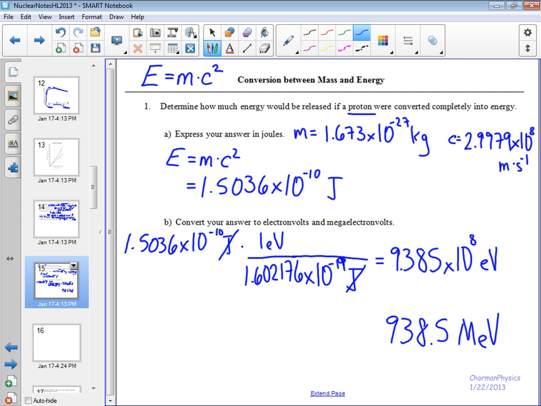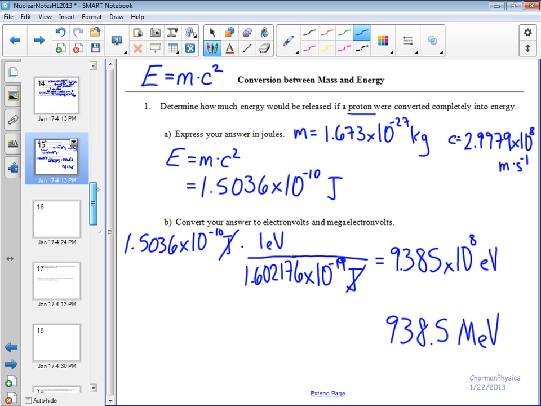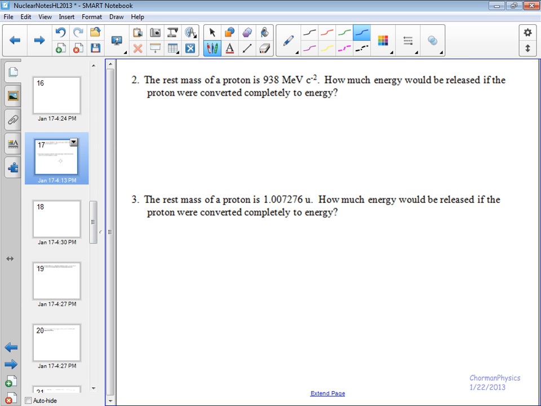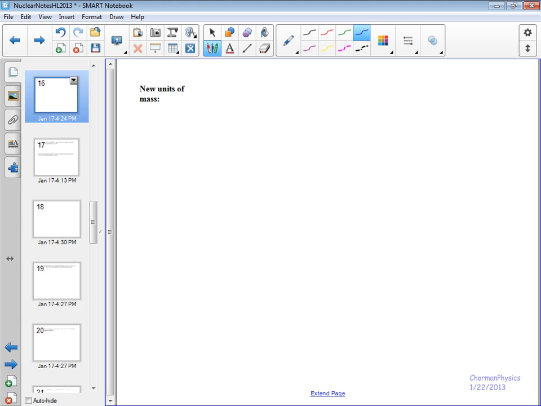We have a new unit of mass that we're going to be using now in this class. This new unit of mass comes from E equals mc squared, and what we end up with is m equals E divided by c squared.